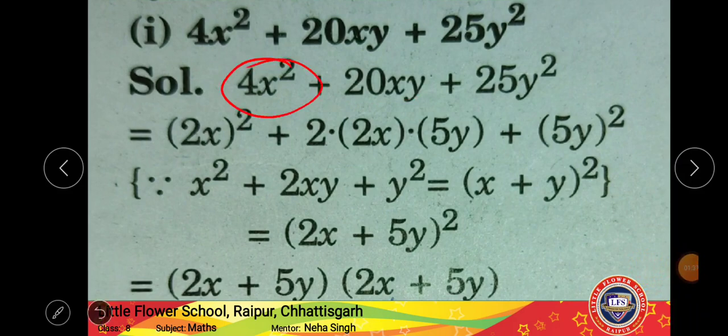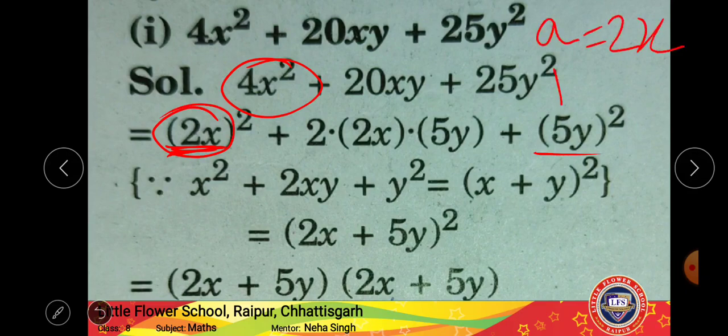This 4 is the square of 2, so I can write it as 2x whole square. 25, everyone knows it is the square of 5, so we can write it as 5y whole square. Now this is a square plus 2ab, we are leaving it now, plus b square. So from this we come to know that the value of a for this question is 2x, and the value of b is 5y, right?